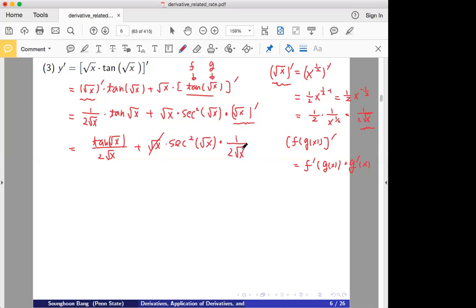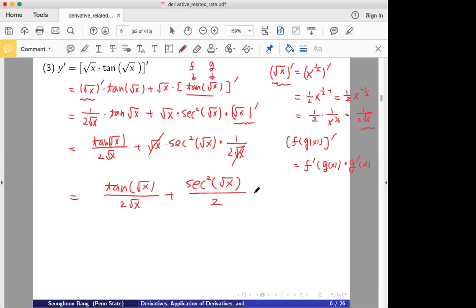The square root of x is crossed out. The final answer is the tangent of square root of x over 2 root x plus the secant square of square root of x over 2. So we have it. This is the answer.